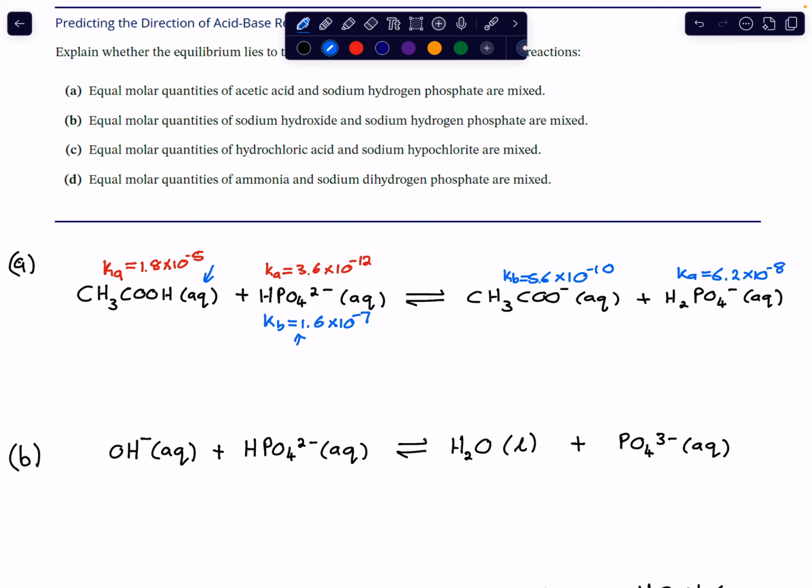To know to which side the equilibrium lies, we need to compare the conjugate pairs' Kas and Kbs. The Ka of the acid on the left-hand side is much larger than the Ka of the acid on the right-hand side. In a similar vein, the Kb of the base on the left-hand side is larger than the Kb of the base on the right-hand side. Therefore, this equilibrium lies to the right.